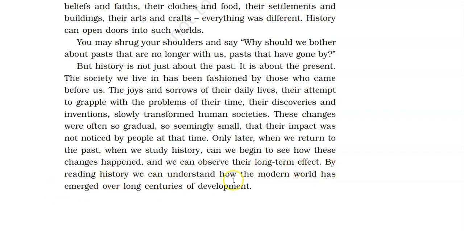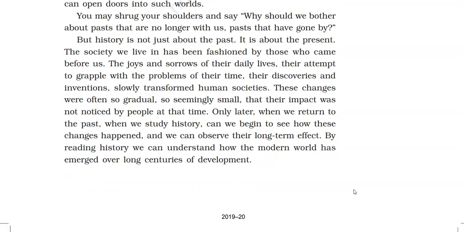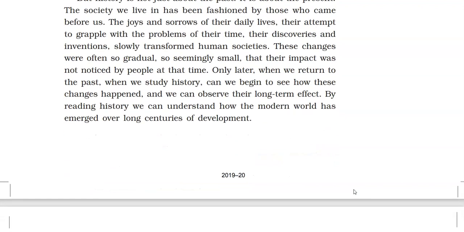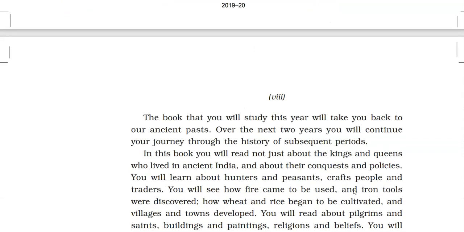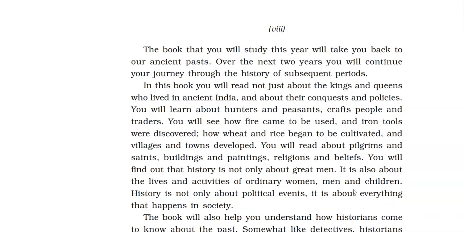By reading history, we can understand how the modern world has emerged over long centuries of development. As we can see, children, if you go to the past and see what happened earlier, how things changed, and how all these effects took place, all these things we are going to study in this part. ओके, बस हमारे को बस यही चीज देखना है कि पहले क्या हुआ था, किस तरह से आदमी लोग जी रहे थे, राइट?